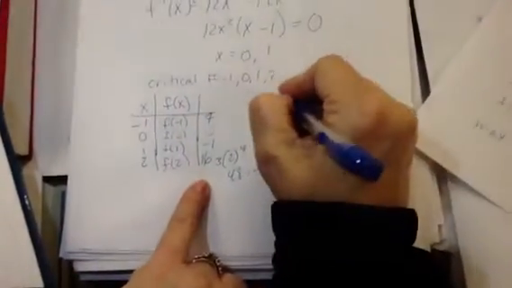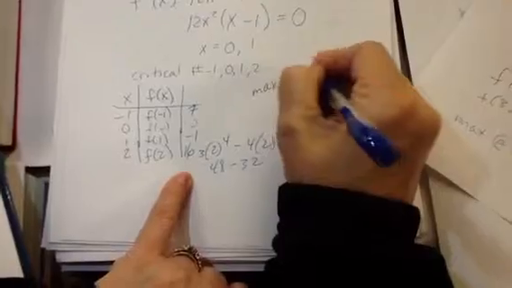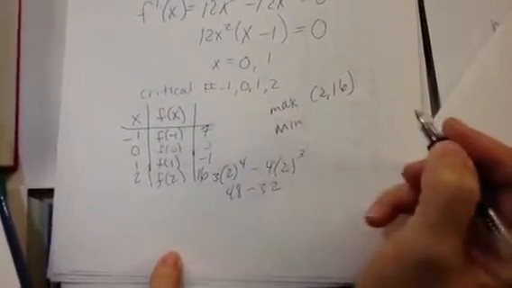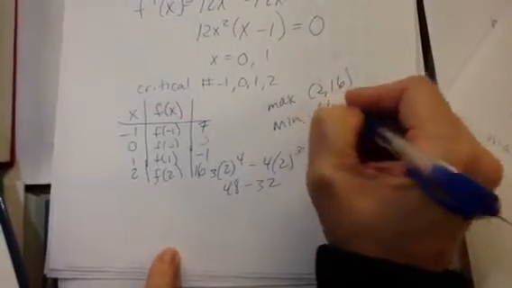So your max occurs at 16, and which one is your minimum? -1. Notice, you got a minimum on the first derivative value that you found, and you got a maximum at an endpoint.